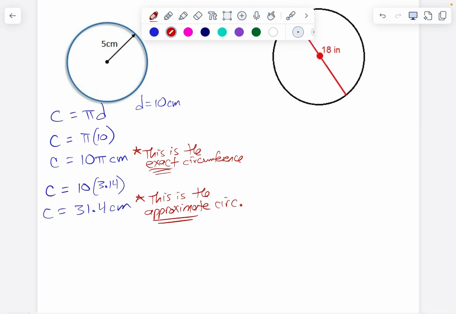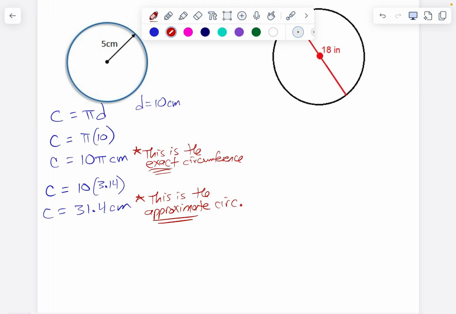So think office math versus Home Depot math, or office math versus job site math. Maybe the engineer says 10 pi. The construction guy says 31.4. Not that they're super different, but the big thing to think about: if your calculation ends at 10 pi, it's probably fine to make it 31.4.